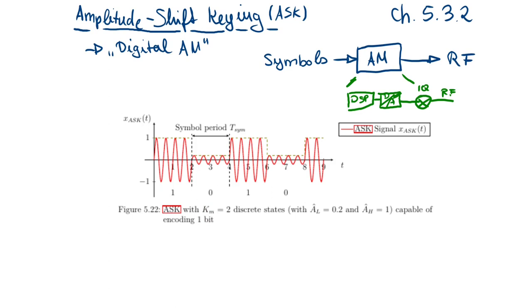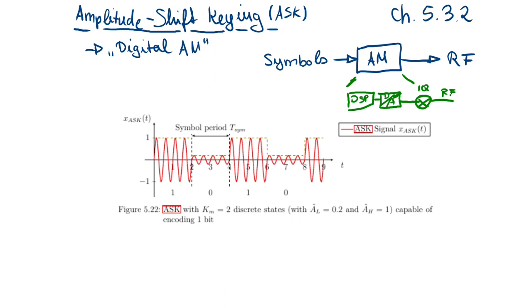So we have a symbol with two discrete states, and in this example, these symbol states are mapped to amplitude values here, 1.0 for symbol 1 and 0.2 for the symbol 0.